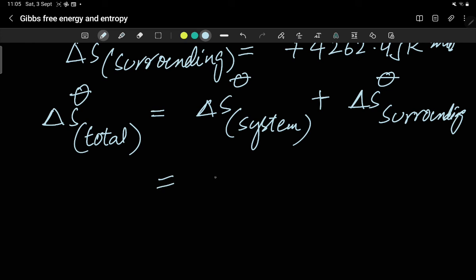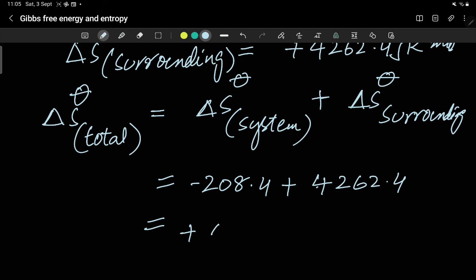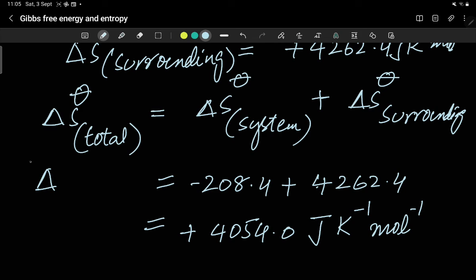So this is 208.4 plus 4262.4. In this way we calculate the total entropy of the universe.